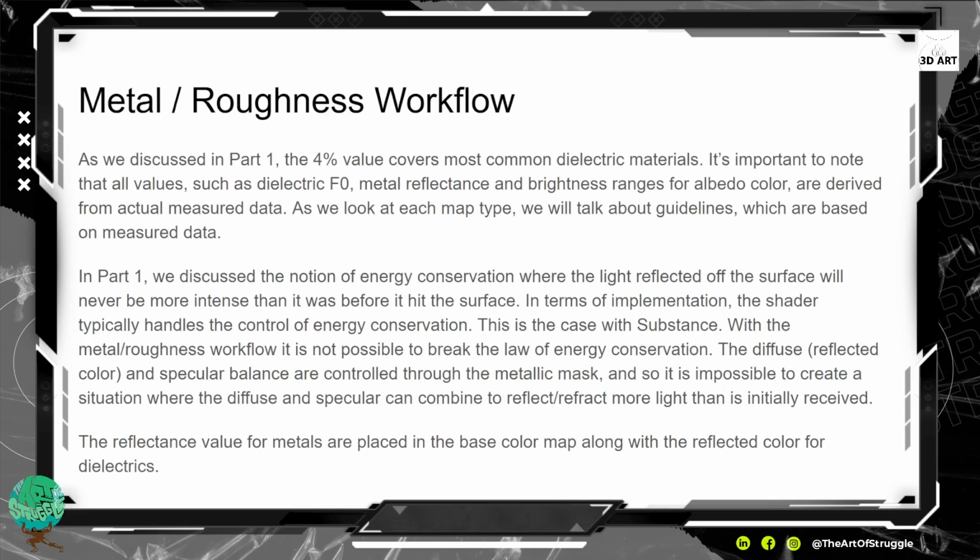So it is impossible to create a situation where the diffuse and specular can combine to reflect more light than it initially received. My caveat to that is that there are other models and other shaders that can do this, right? If you do need to do something like this, the standard shader in Max can do stuff like that.